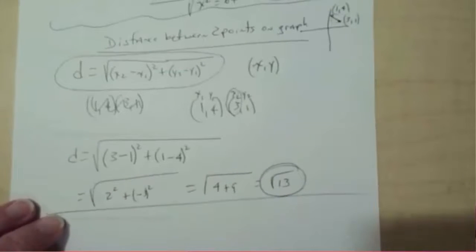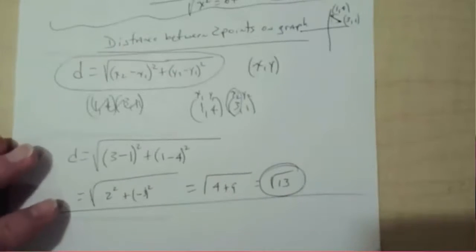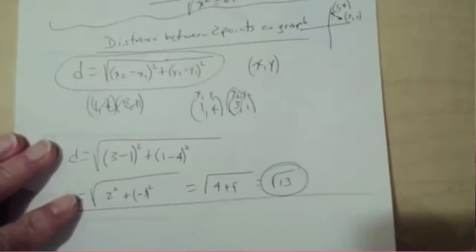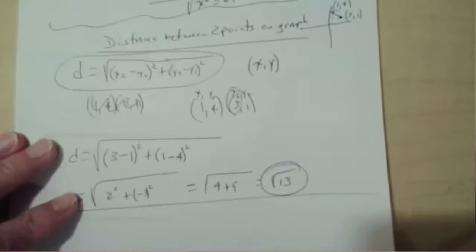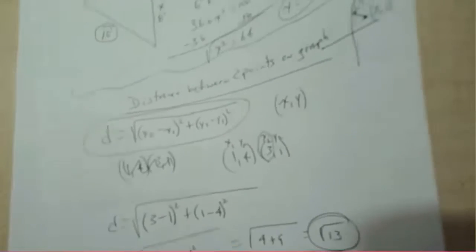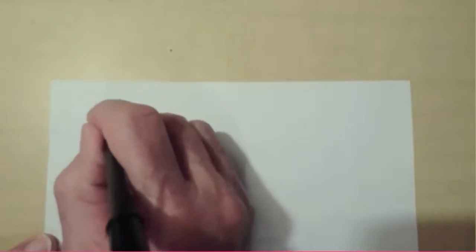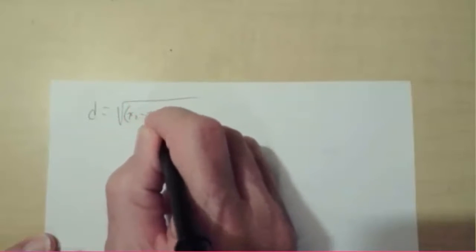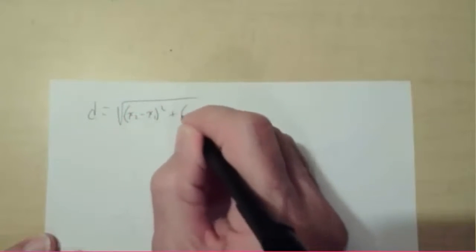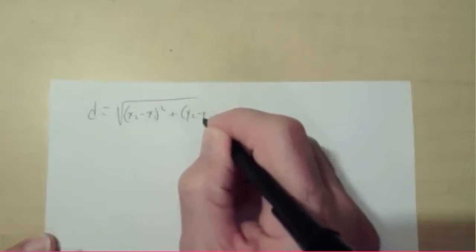I'm not going to do it. It's going to be 3.6, something like that. Okay, everybody get the idea here? It's really very simple, but you look at it and think, I can't do this. Distance is the square root of (x2 minus x1) closed squared plus (y2 minus y1) closed squared.